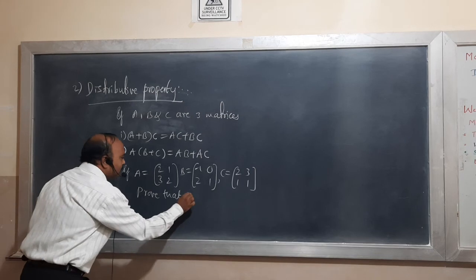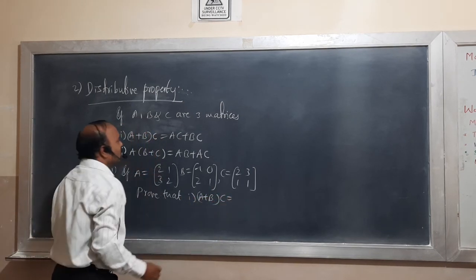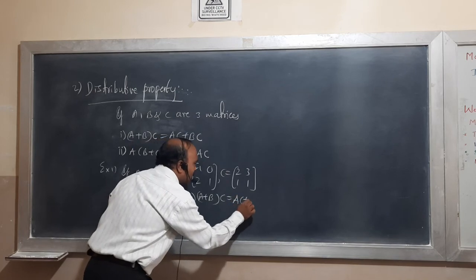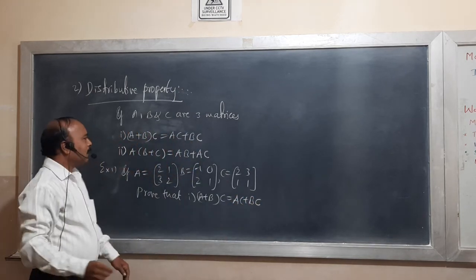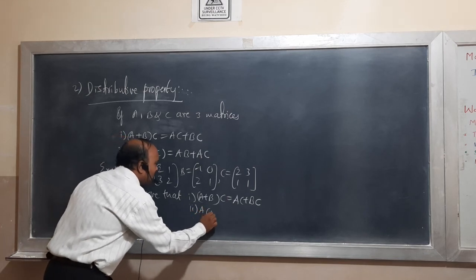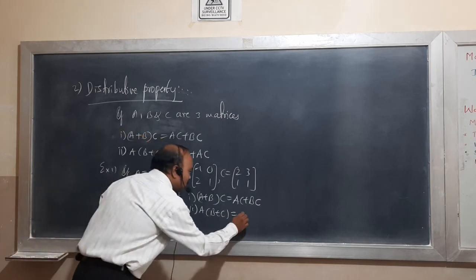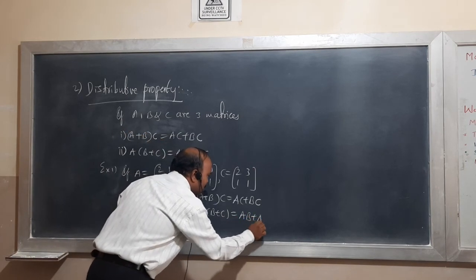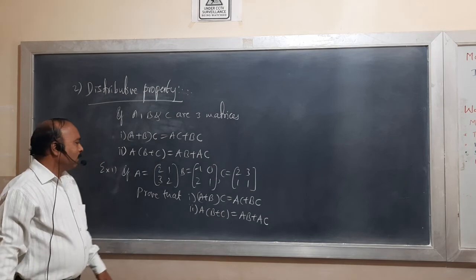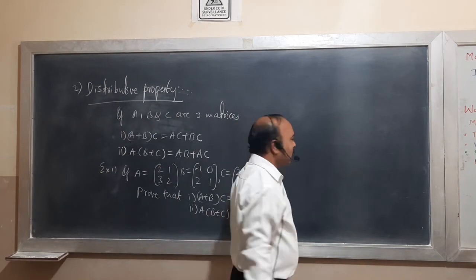First one is (A plus B) into C equal to AC plus BC, and second one A into (B plus C) equal to AB plus AC. Now we go one by one. First you prove the first result. After that you go for the second one.